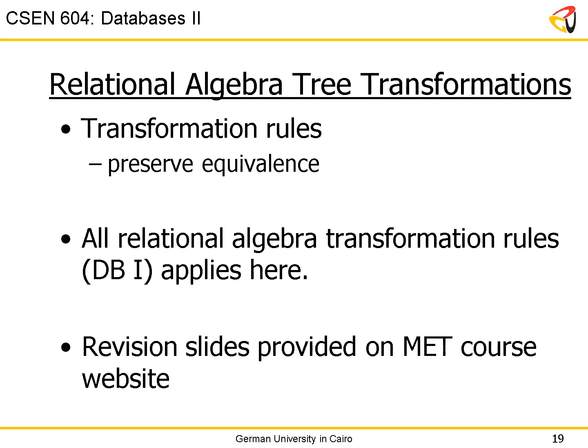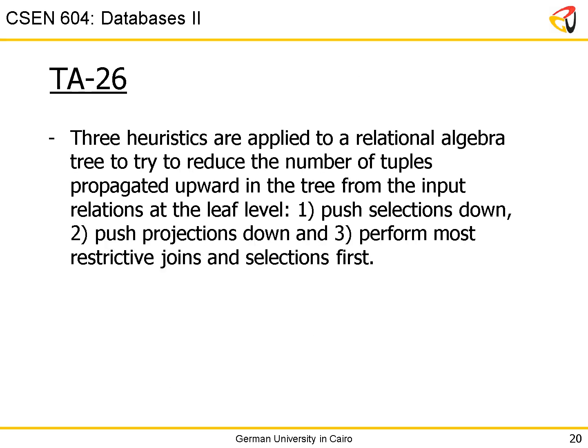And these revision slides will be available on the MET website. Okay, so to summarize, the three heuristics are applied to the relational algebra tree to try to reduce the number of tuples propagated upward in the tree from the input relations at the leaf level. You're going to push selections down, push projections down, and perform most restrictive joins and selections first.